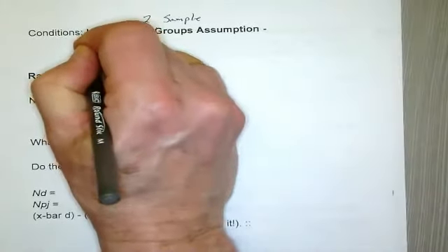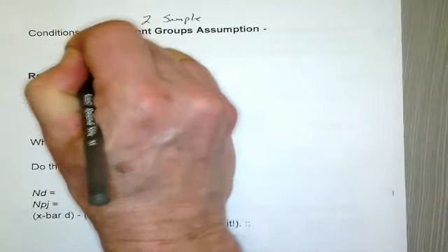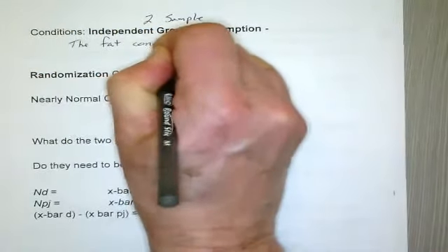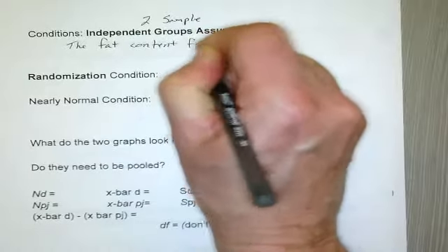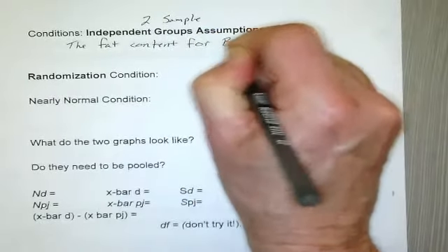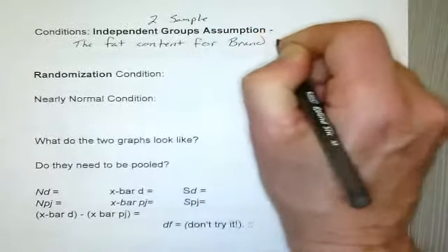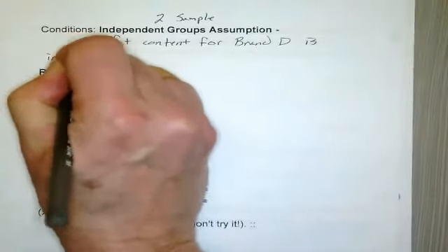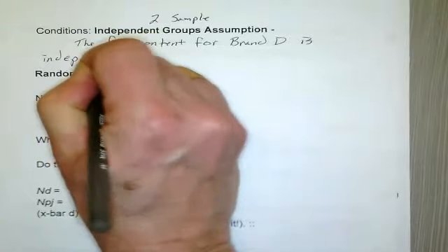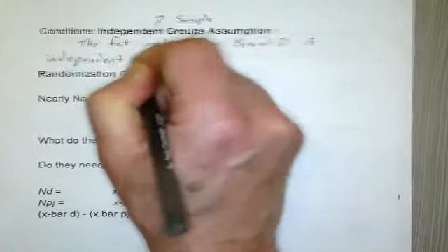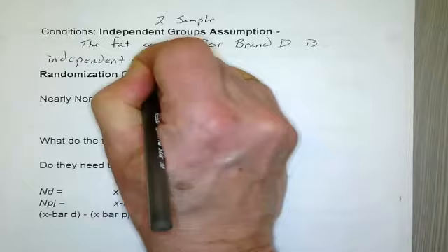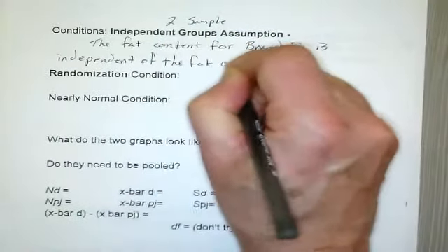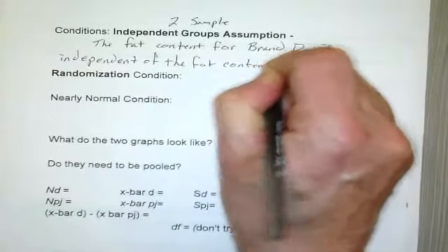Instead of doing the 10%, we can say that the fat content for brand D is independent of the fat content for brand PJ.